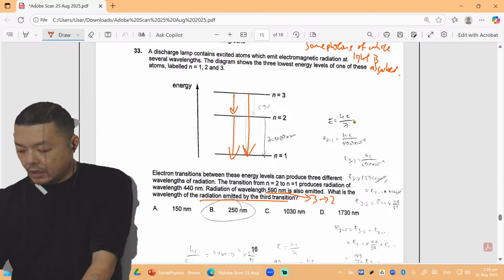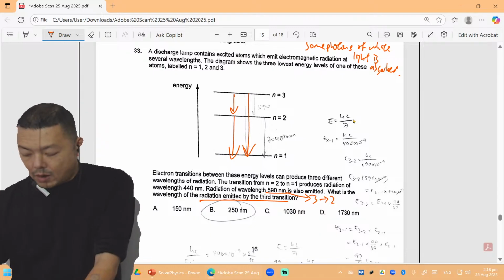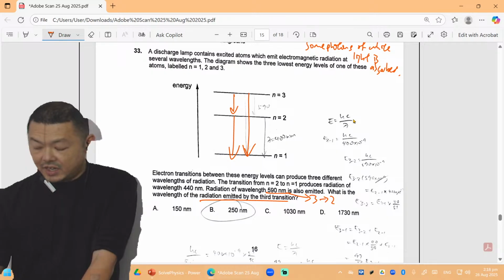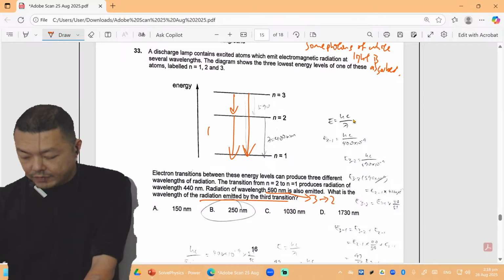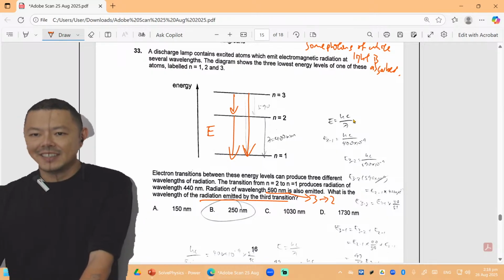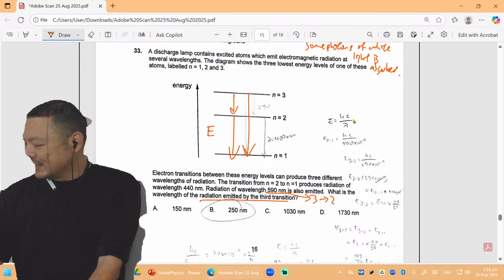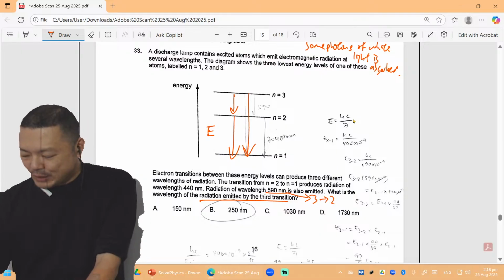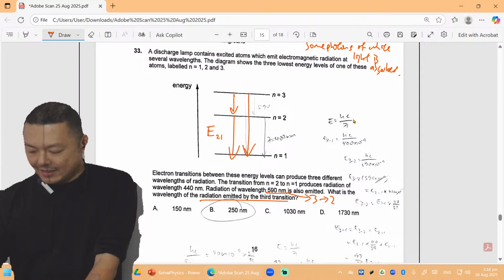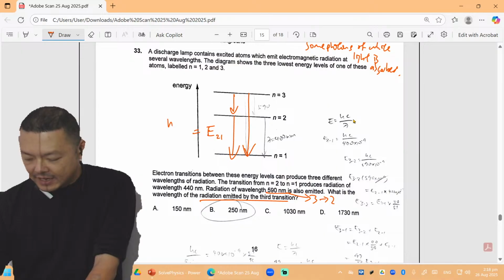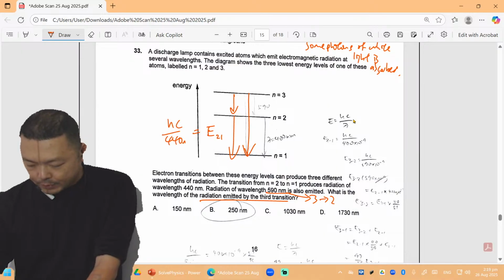This is a hard question, because you have to calculate. This is where your calculator comes in, guys. This is the first time you get to use a calculator. So E2 to 1 will give you a wavelength of 440 nanometers, hc over 440 nanometers.